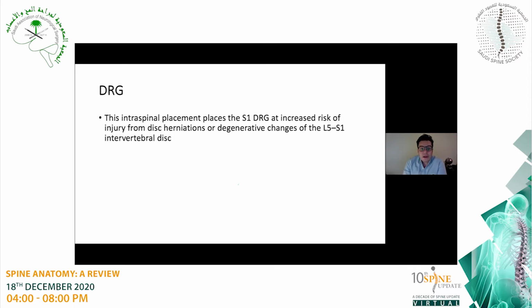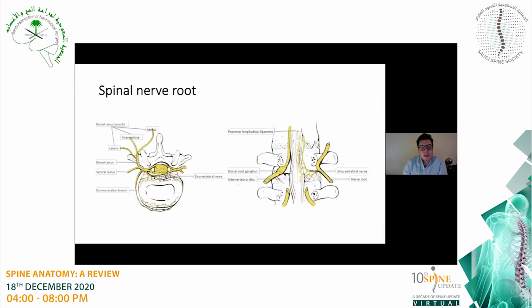And it is important because intraspinal placement of the S1 DRG is at increased risk of injury from disc herniation or degenerative changes in the L5-S1 disc, and maybe more pain.